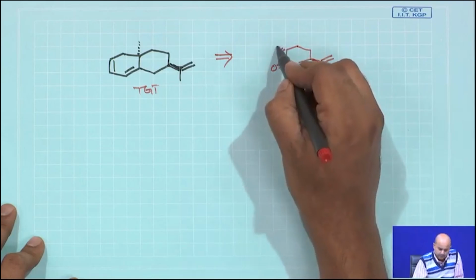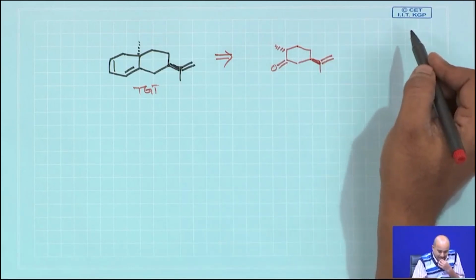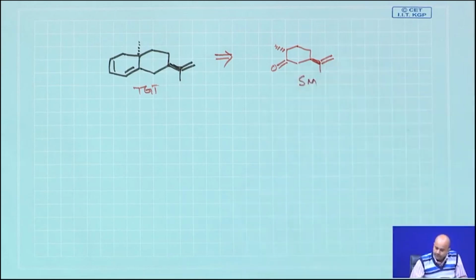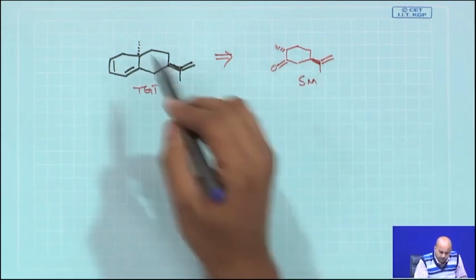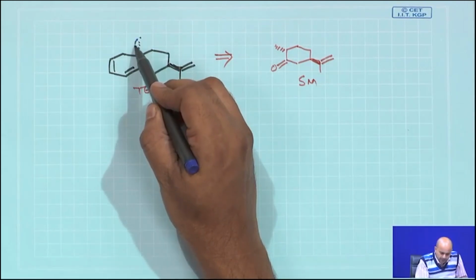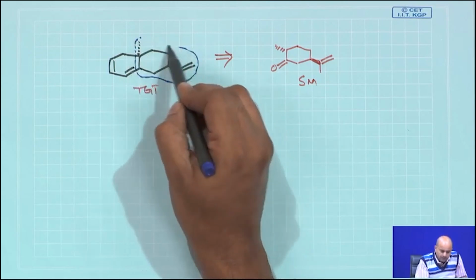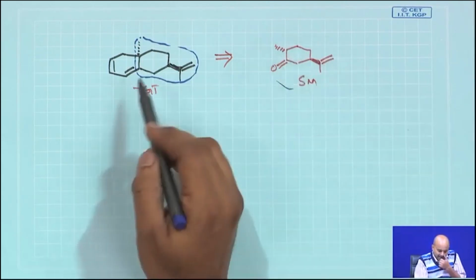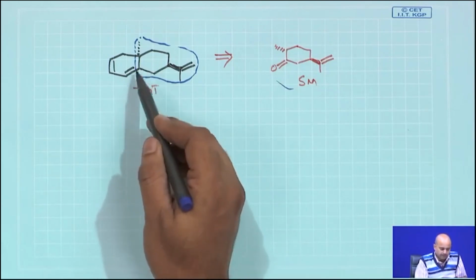Now, if you do a skeletal analysis, the skeleton remains the same. The right hand side skeleton of this molecule remained similar to the starting material. Only thing is, next you need to do something.